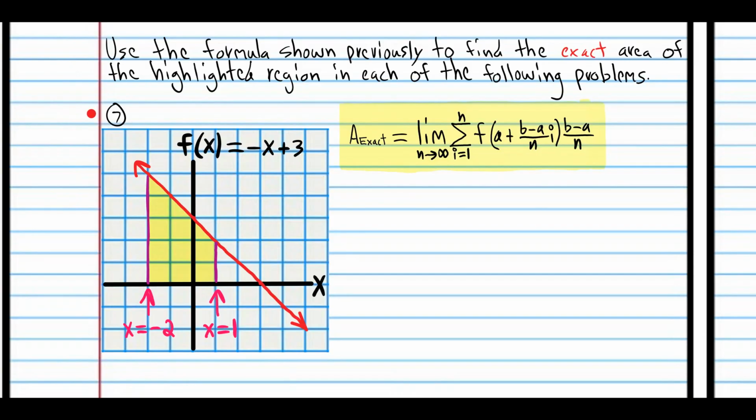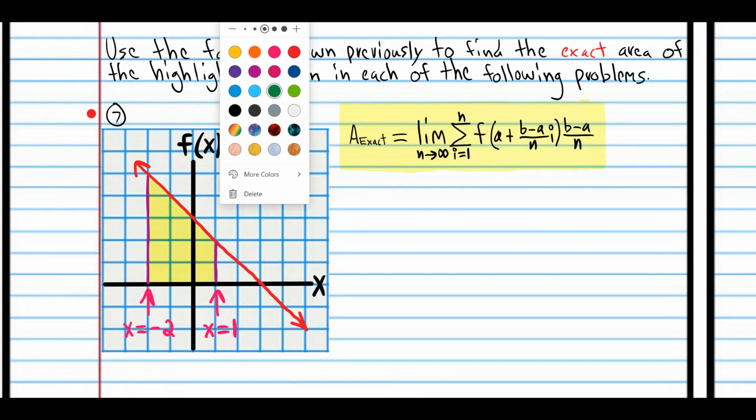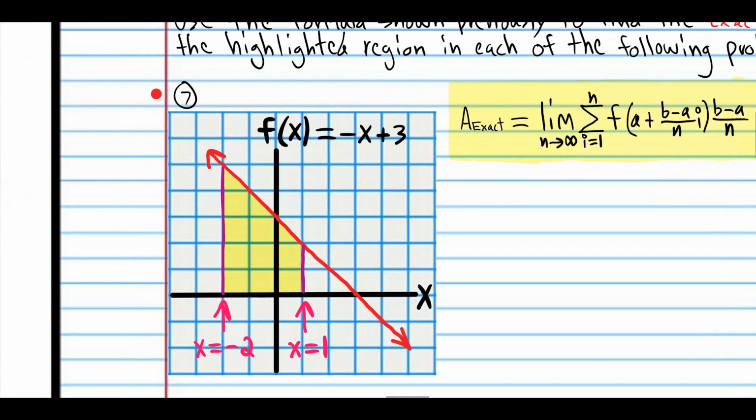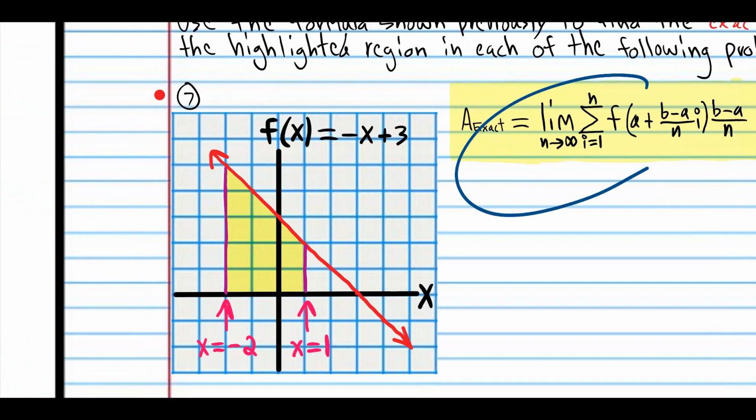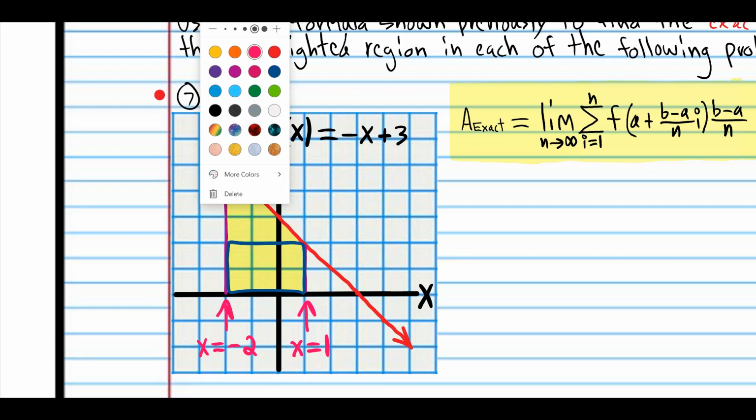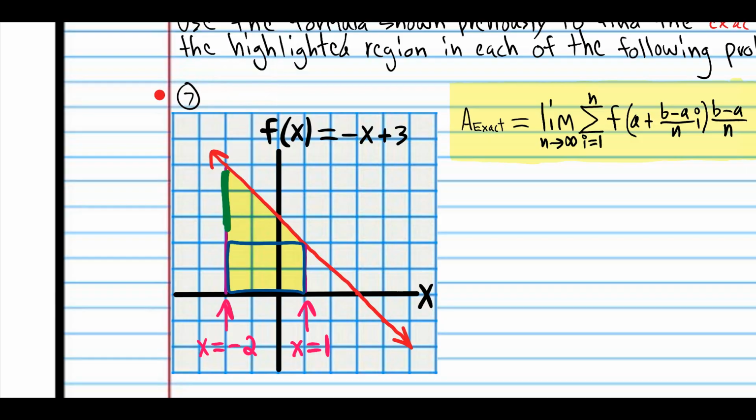Now, in this problem, we could actually find the area without using this expression, because we just have to find the area of the rectangle, and then find the area of this green triangle, and add them together, and then we get our answer.